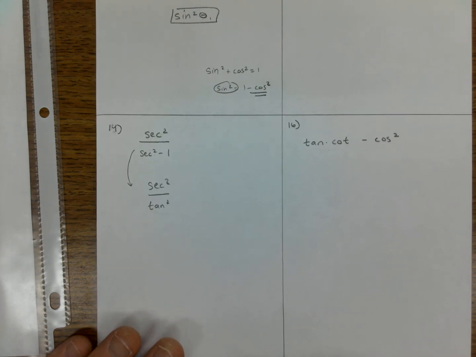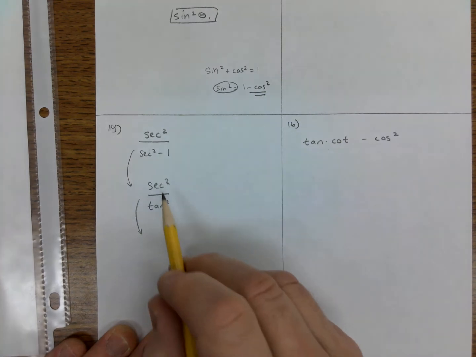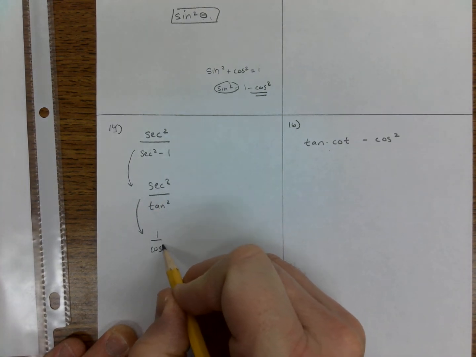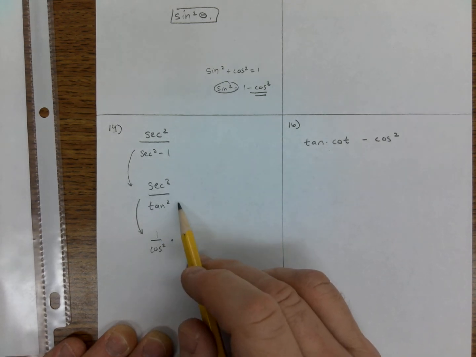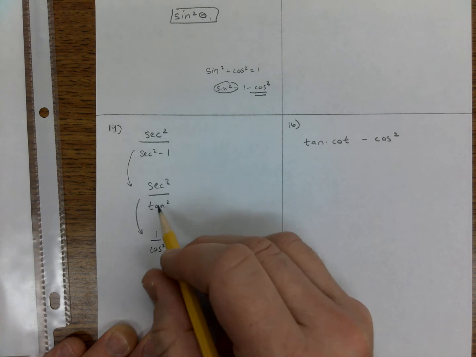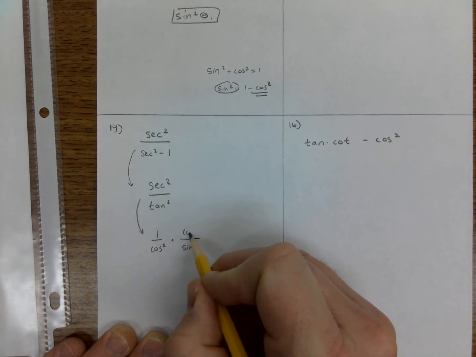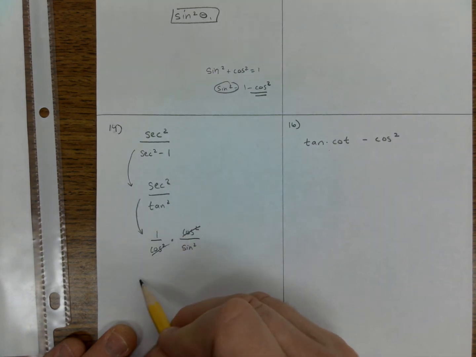Now I'm going to go ahead and put things in my sines and cosines just to simplify it. Secant is the reciprocal of cosine, so this is 1 over cosine squared. And tangent is sine over cosine, but it's the reverse because tangent's now in the denominator. So I can really think of this as sine squared over cosine squared. Simplify.